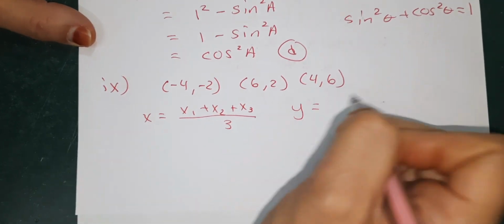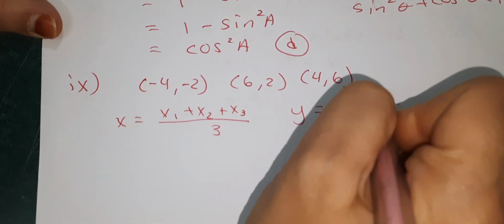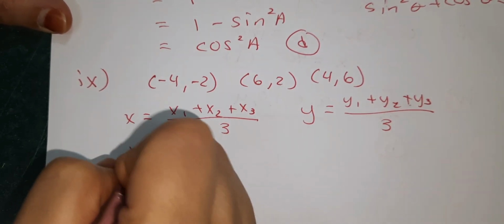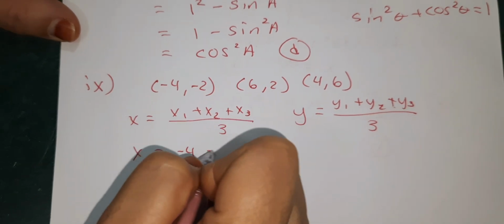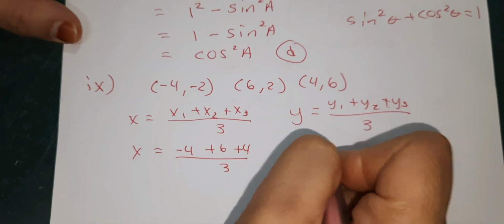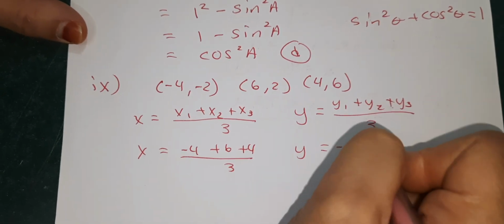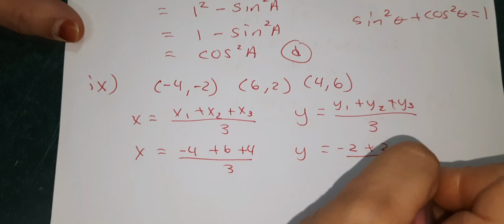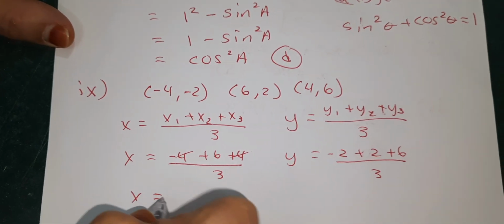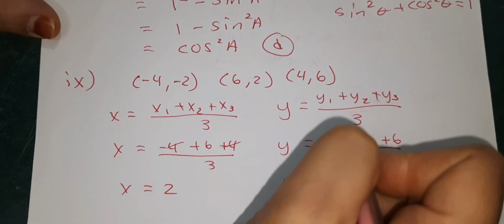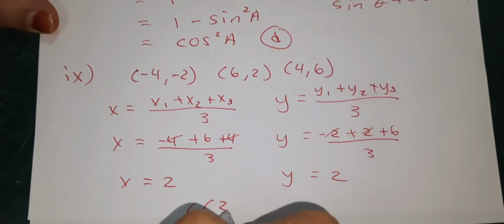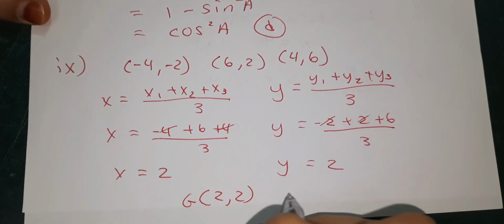And for y, add the 3 y coordinates and divide by 3. So x here would be minus 4 plus 6 plus 4 over 3. And y will be minus 2 plus 2 plus 6 over 3. That gives us, the 4's get cut, 6 over 3, that's just 2. And the 2's get cut, 6 over 3, that's 2 again. So our point G is (2, 2), which is option A.